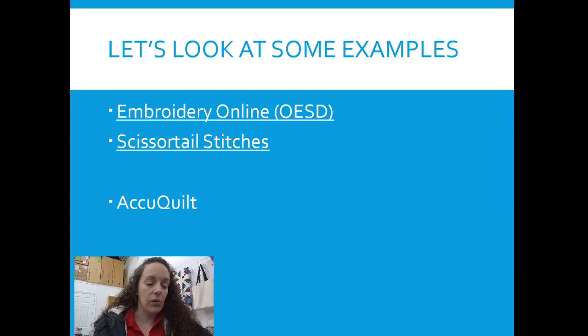I had a request for how do I find the embroidery designs and how do I download those embroidery designs from AccuQuilt that coordinate with my dies. And so I'm going to show you how to do that on the AccuQuilt website as well this morning. So let's take a look at that.